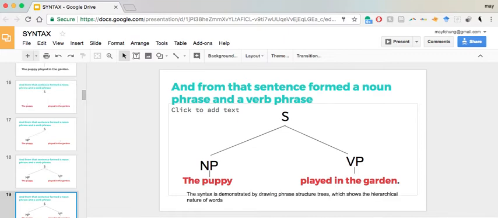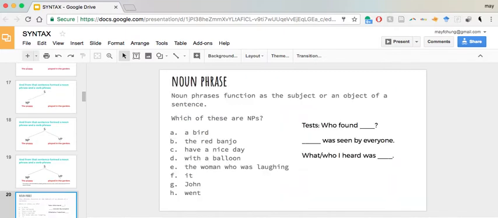So the syntax is demonstrated by drawing these phrase structure trees, which show the hierarchical nature of words, how words are positioned based on what they modify, based on what they are relative to in your sentence. So let's try to figure out what is a noun phrase, okay? Noun phrases really function as the subject or an object of the sentence. So which of these are noun phrases?